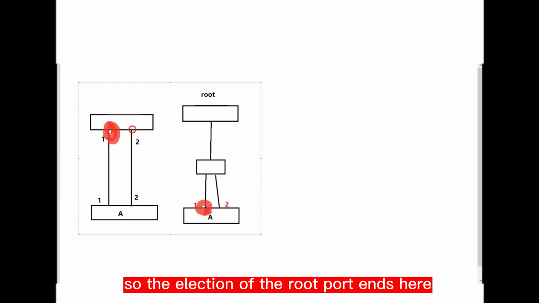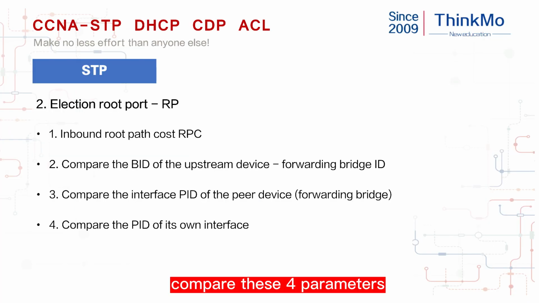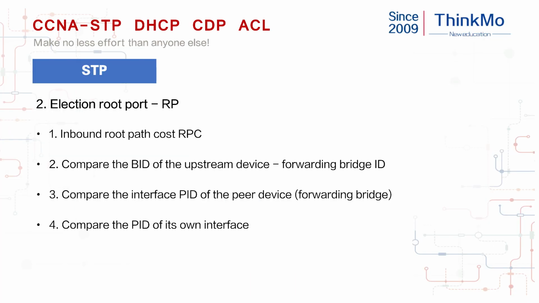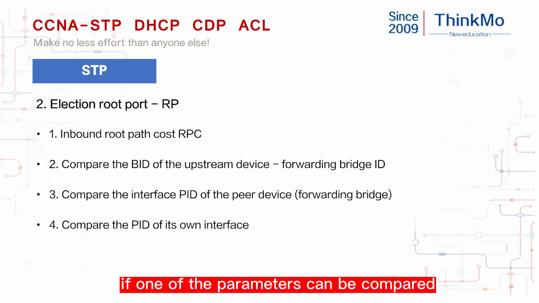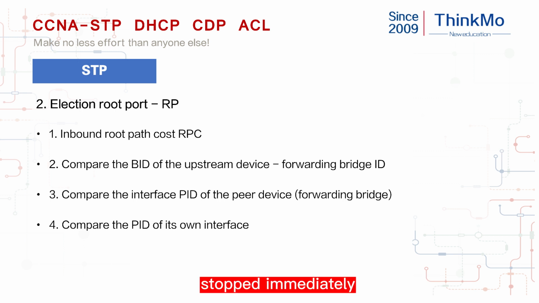So the election of the root port ends here. Compare these 4 parameters. If one of the parameters can be compared, stop immediately. If you can't compare, we'll compare until the last parameter. In the end, I can definitely choose.